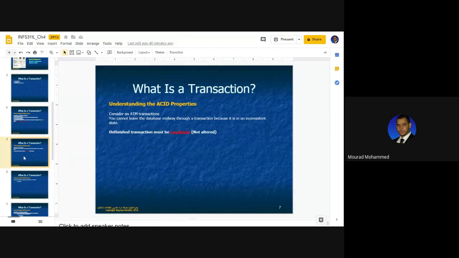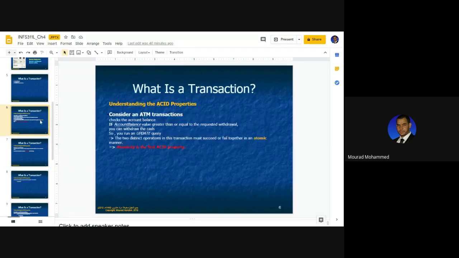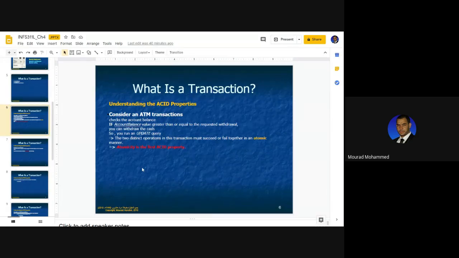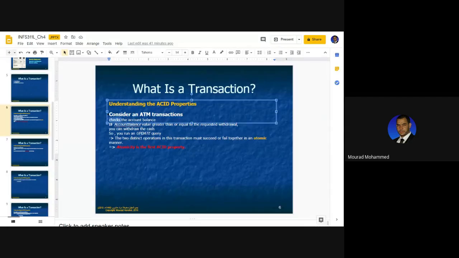The first step is to see the group of actions as one task. Checking the ID: is this your account, is this your ID. Then check the balance. I ask for 10 riyal, so I have to have 10 riyal in my account. If I don't have it, it will not give me.